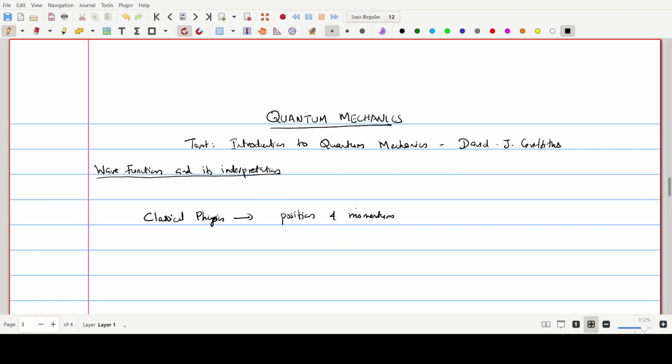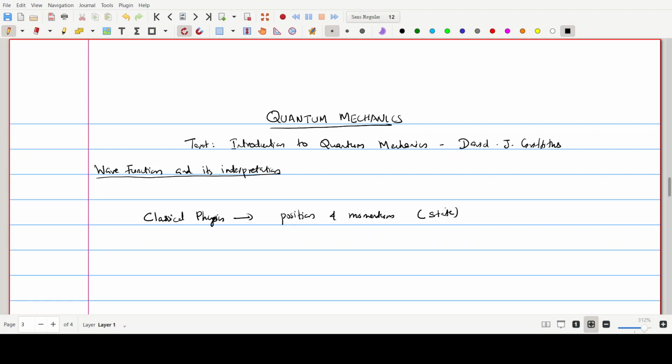So once you know the position and momentum of the particle, then we know the complete state of the system. So the state of the system in classical physics is basically nothing but its position and momentum. If you have a single particle, then we need to know the position of that single particle and its momentum.